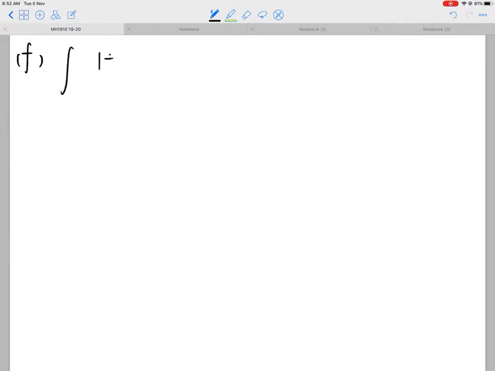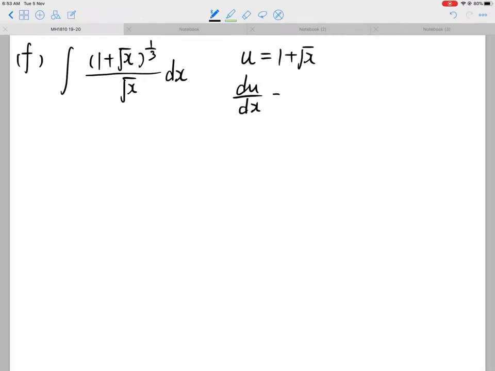F is the integration of 1 plus square root of x to the power 1 over 3, times 1 over square root of x dx. Okay, so right here it looks like this part is not the derivative of this part, but if you think about it, you let u equal 1 plus square root of x, and du over dx is, right, actually 1 over 2 square root of x.